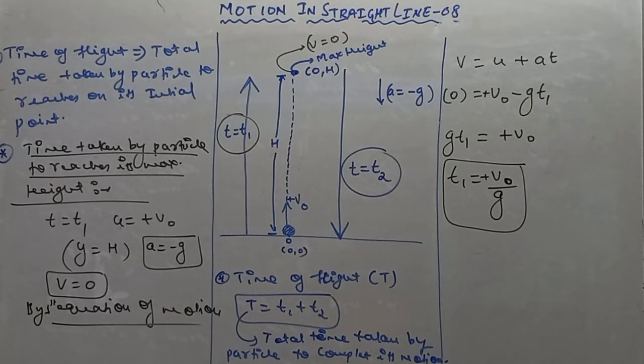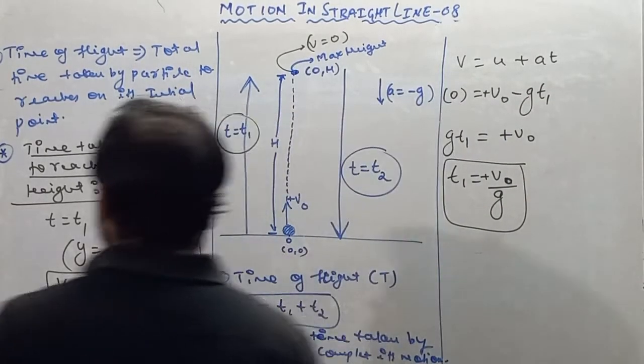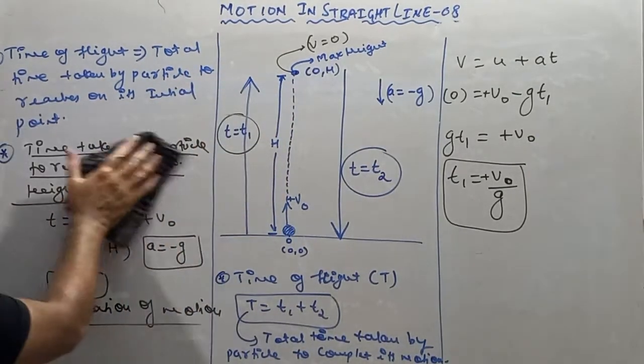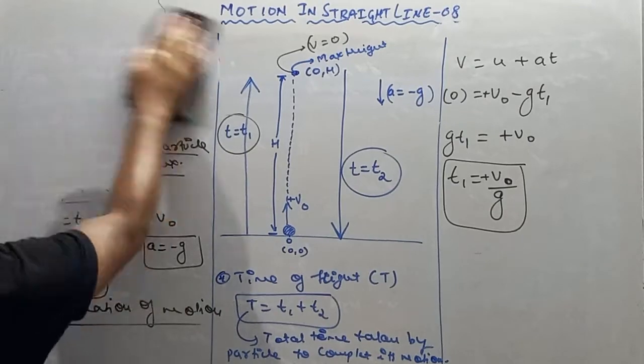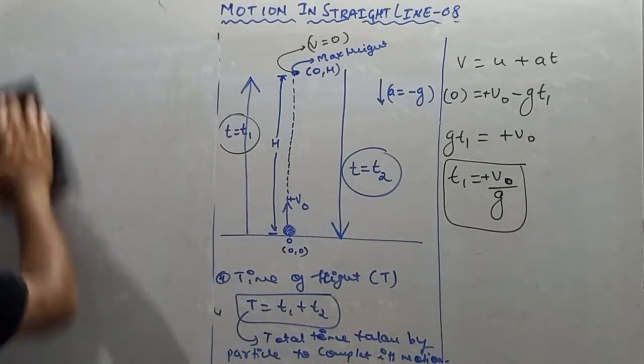We know that v0 is nothing but the initial velocity of the particle. Now moving forward, we'll find the value of maximum height. Write down next, maximum height.